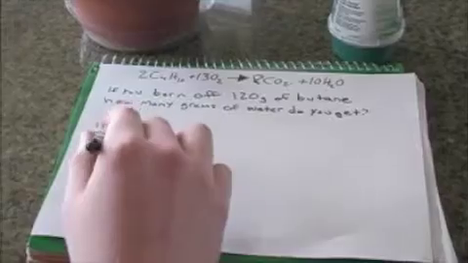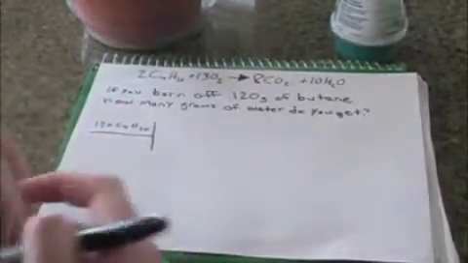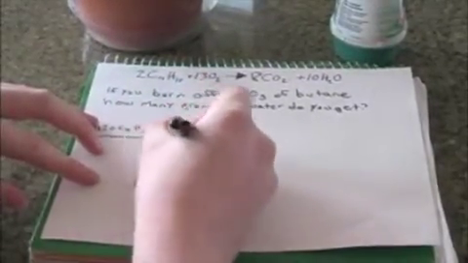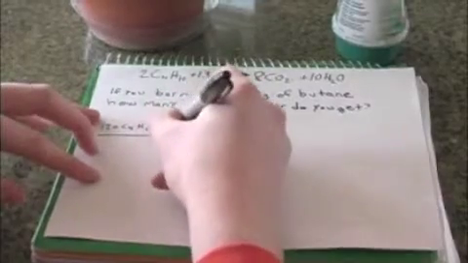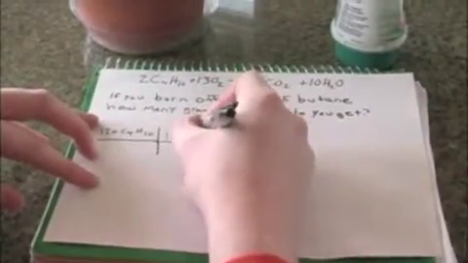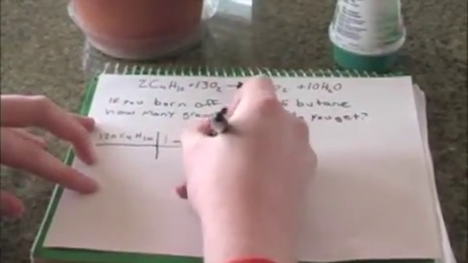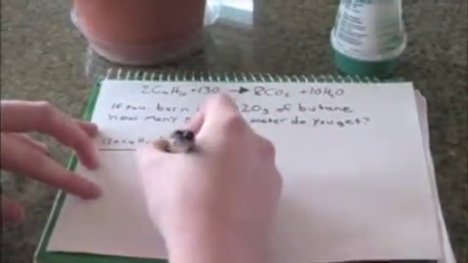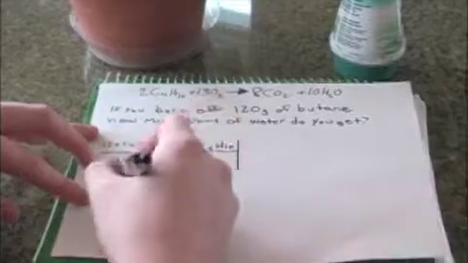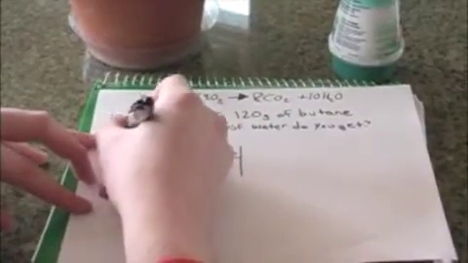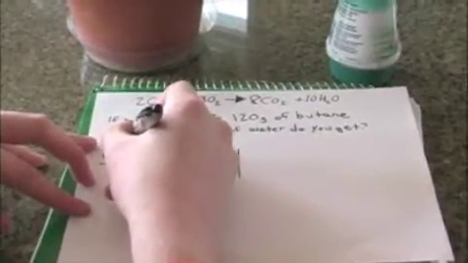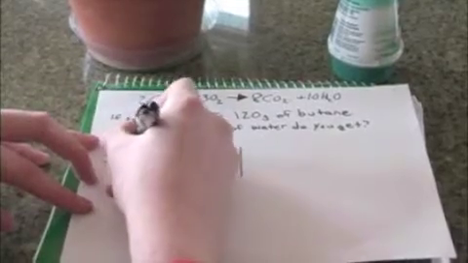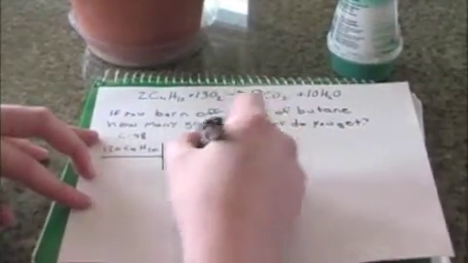So here's 120 grams of butane, and to start off, we have to write 1 mole of C4H10. Then we have to do the molar mass underneath it, which would be carbon is 12 each, so it's 48, so you have to multiply it by 4.